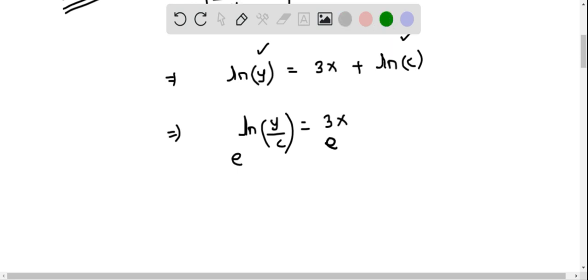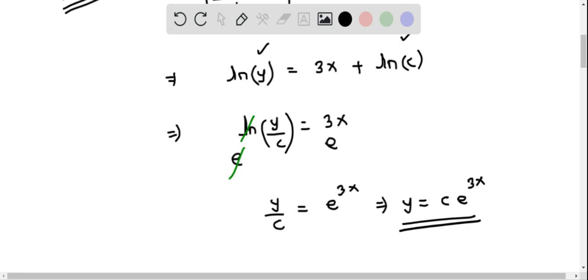We know that exponentiation e as well as this natural logarithm are inverse functions and they cancel out. So we get y over c equals e raised to the power of 3x. So this implies, solving for y, y equals c times e power 3x. So this is the general equation of the curve.